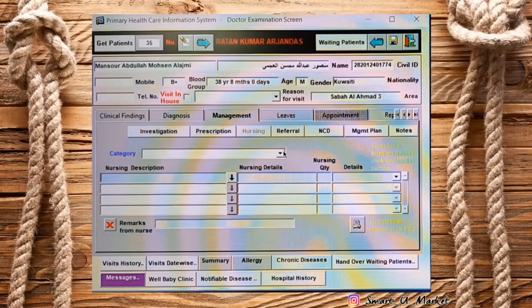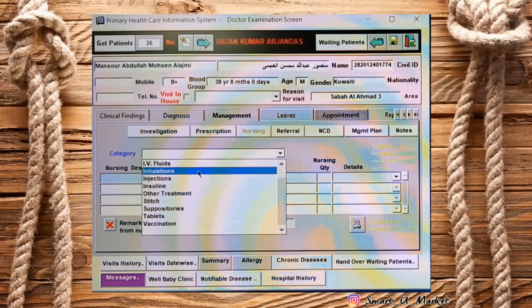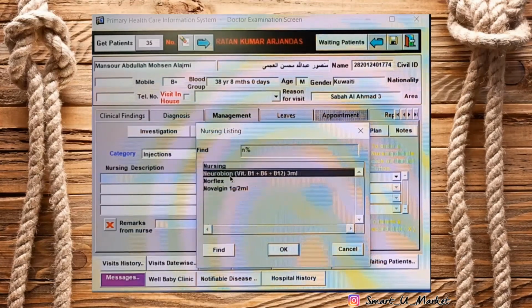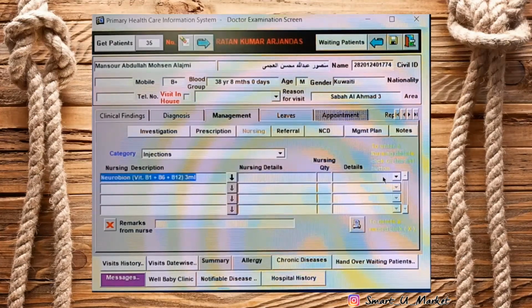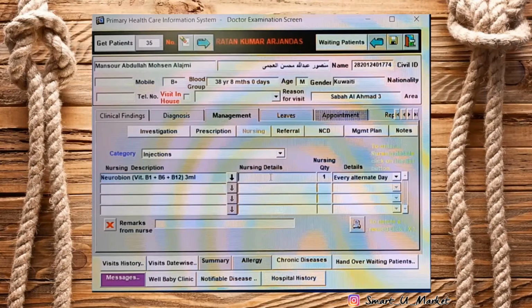It will be advisable and wise that we write the nursing description. At least if we are asking for an injection, like a neurobion injection, we have to write the neurobion, for how many days you want to give it, and whether every alternate day or not. You have to write some details for the nursing, and when the nurses open their primary healthcare system, they will find our instruction, and when they save it, their remarks will appear here.